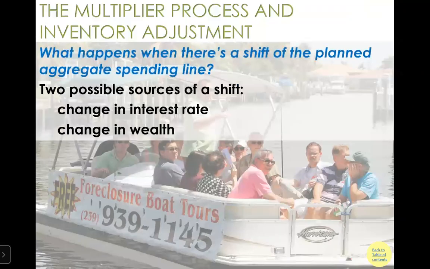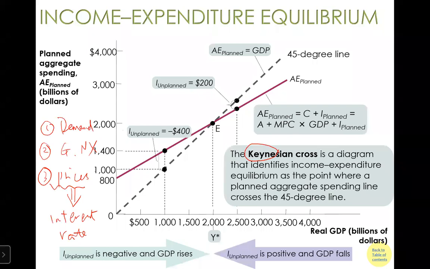Now, we need to understand what can cause a shift of the planned aggregate spending line. Or in other words, let's go back. We need to understand what can cause this line to shift, go up or go down. We need to understand the factors that lead to adjustment of this aggregate expenditure line.